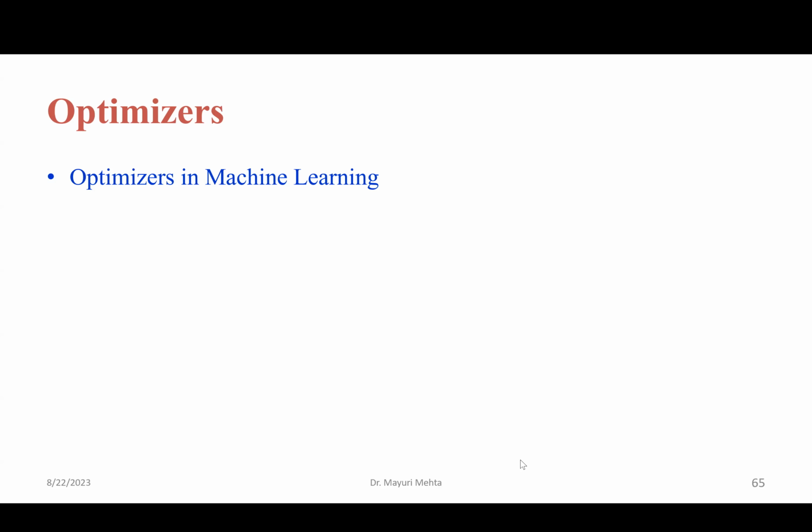Before I move further, for this topic of optimization algorithms, can you please let me know if you are familiar with optimizers? I assumed that you studied machine learning and are familiar.